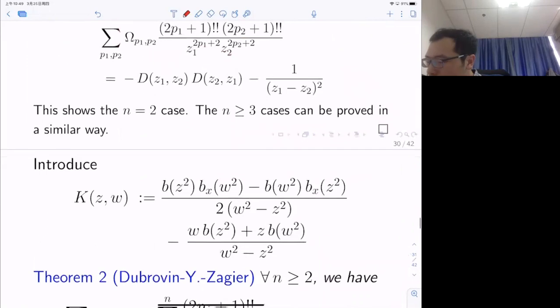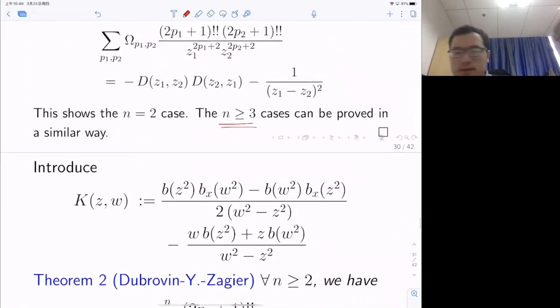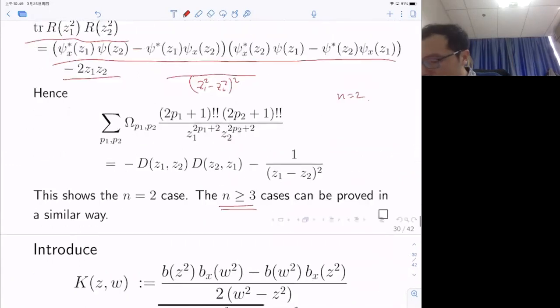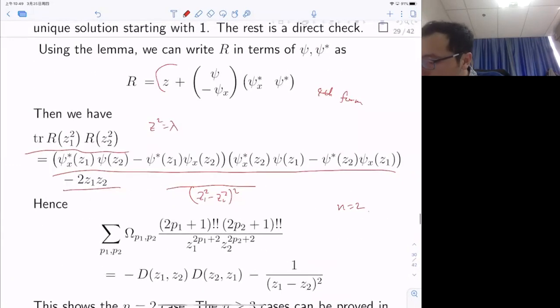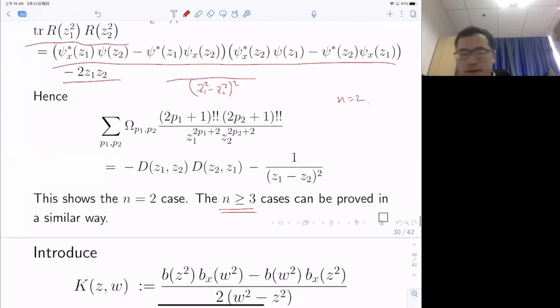And for higher n, again, it's easy to see by induction. The only thing is that you need to prove this identity matrix gives also zero contribution to the sum.